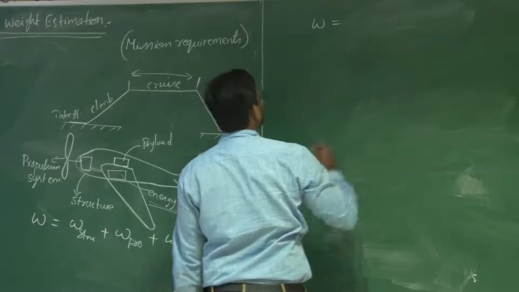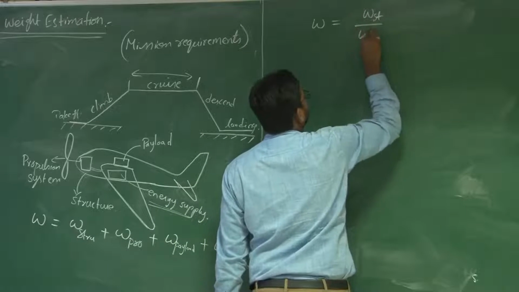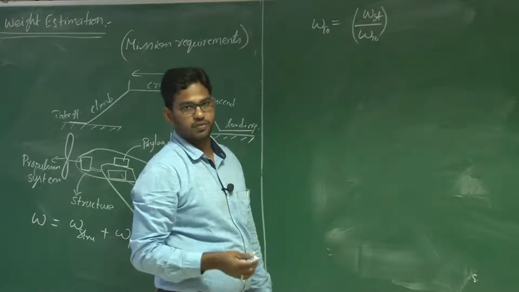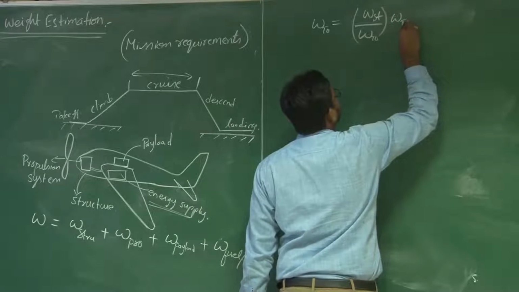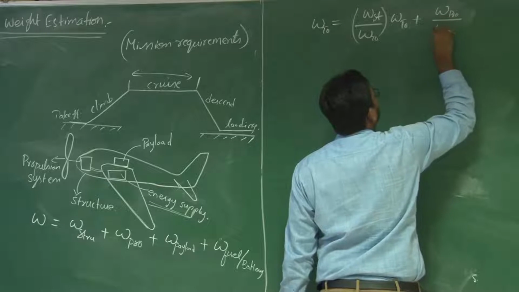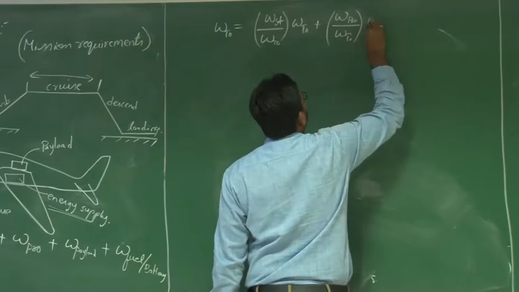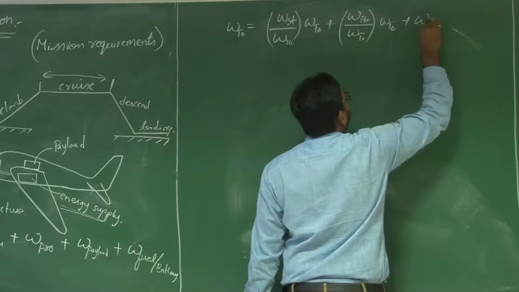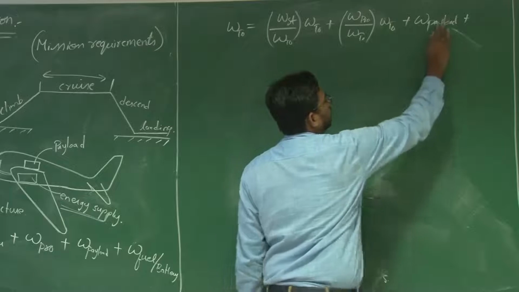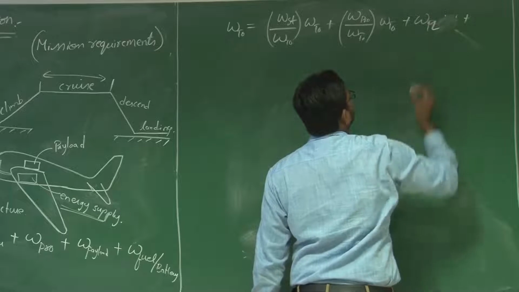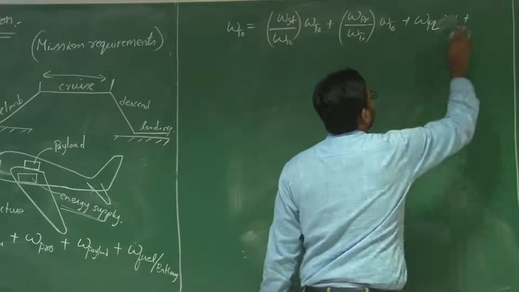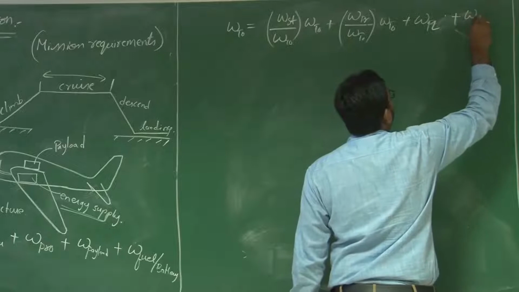Let us say W is the total weight. Can I write this as W takeoff, or maximum takeoff weight, or takeoff weight, whatever it is, right, into W takeoff plus W propulsion system, W payload, plus, so let me represent payload as PL, propulsion, ST structures, PR stands for propulsion, PL stands for payload, and weight of the fuel.